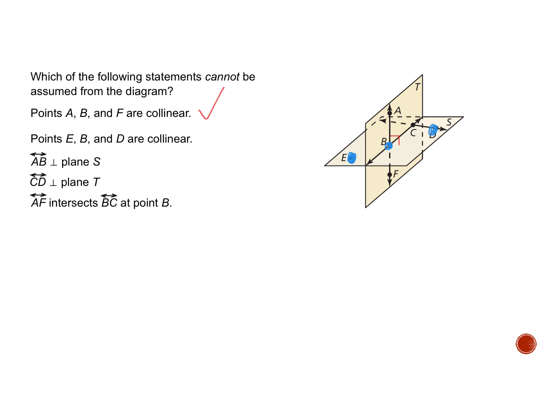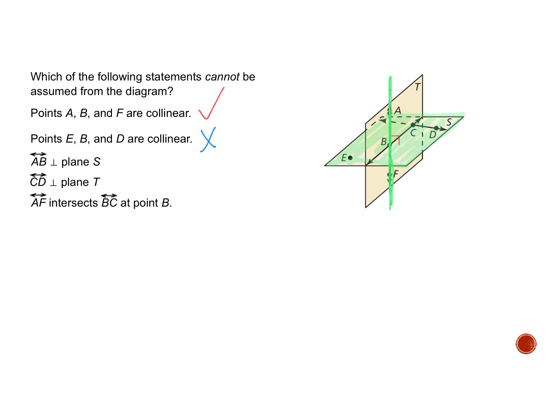So in this case, this is not necessarily true or cannot be assumed based on what we're given on the diagram. Next, we're told that line AB, which is right here, is perpendicular to plane S, and plane S we can see is right here.